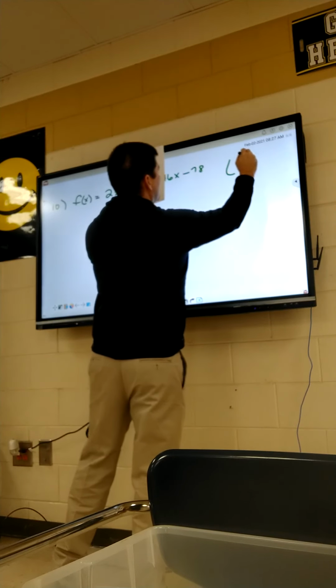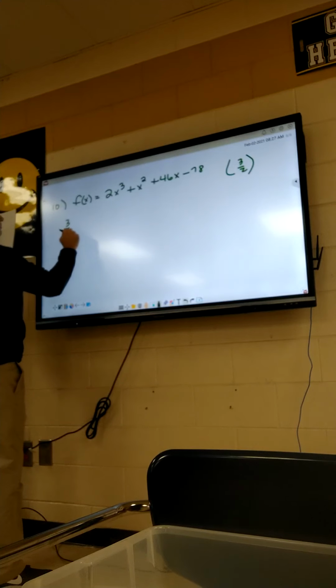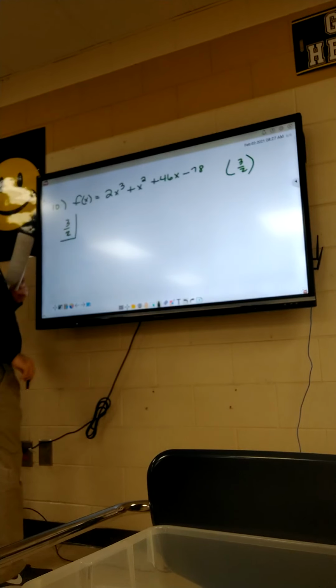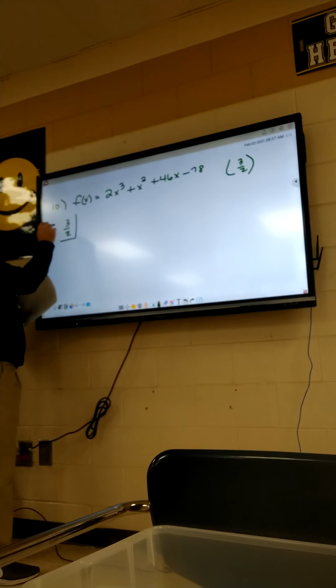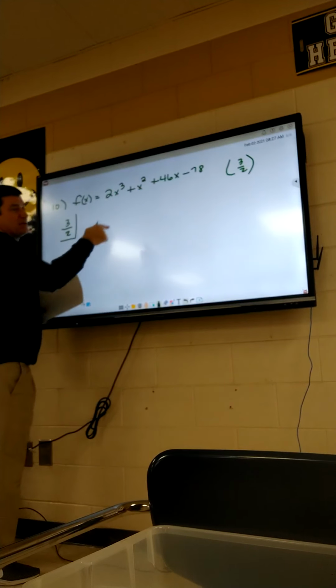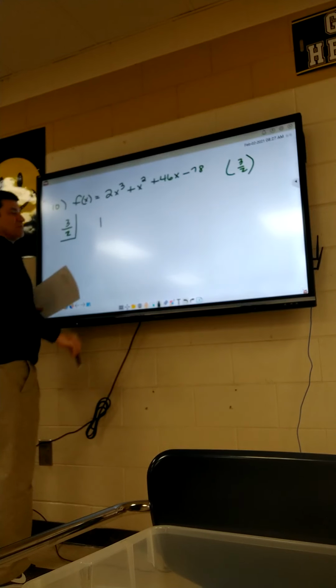All right, in the box, I got 3/2. Rhett, remember, if you got a fraction in the box, look at the bottom number on the fraction. They're dividing by 2. So before I bring these numbers down, I have to divide them by 2. So 2 divided by 2, I bring down a 1.